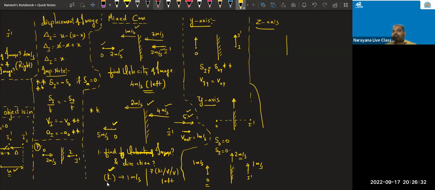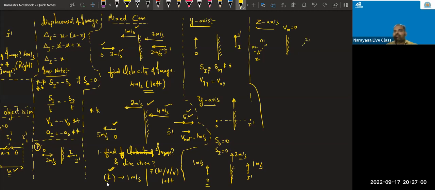Now the mirror is there. The velocity of the mirror along the Z axis is 0, but the object is coming along the Z axis like this. Z axis means coming out of my screen, for you out of the paper. Now, if the object displaces from O1 to O2, what will happen?